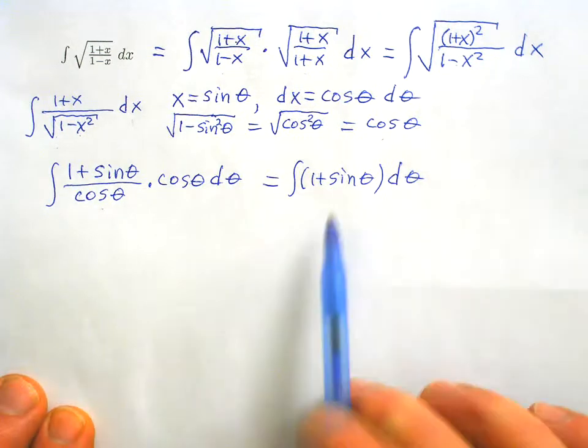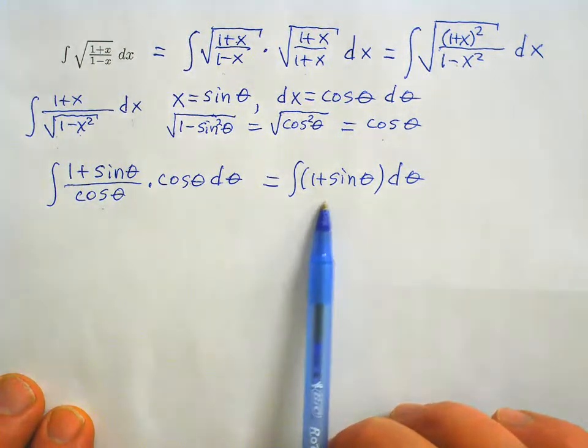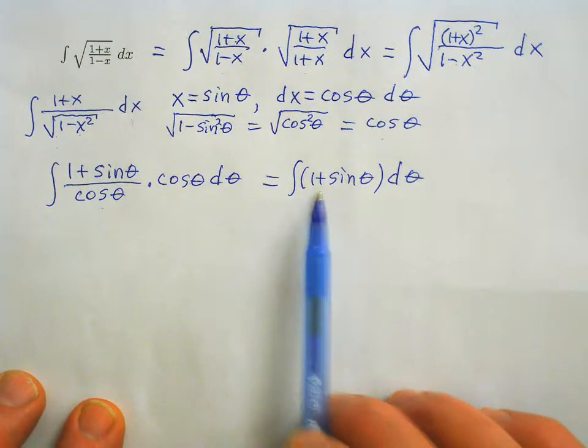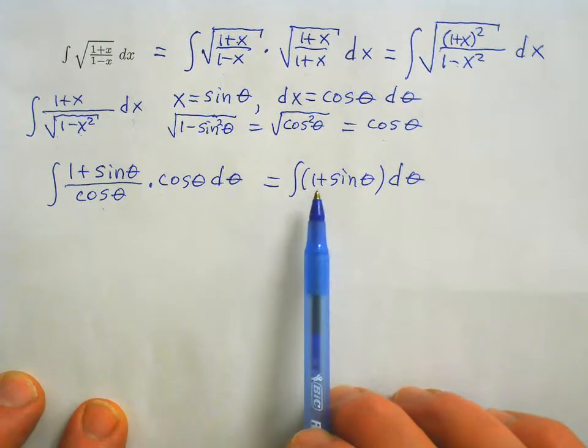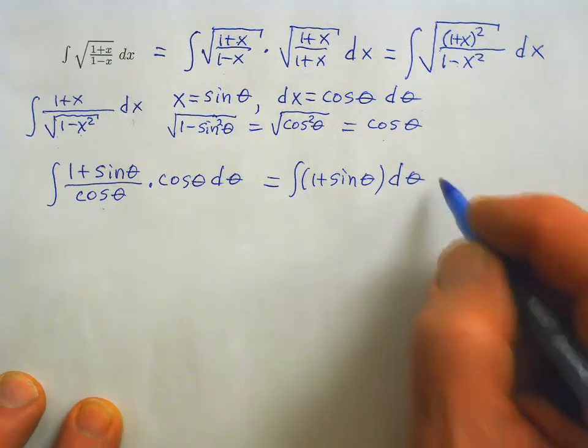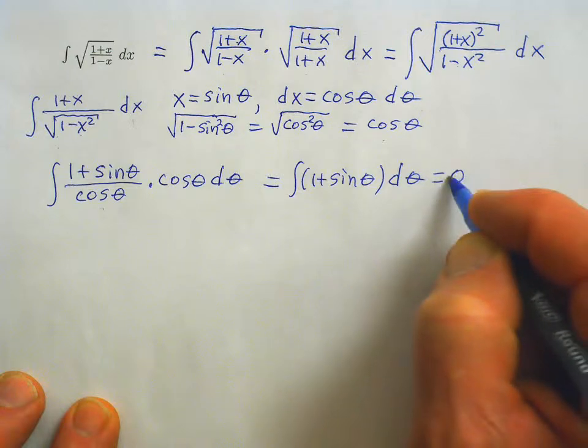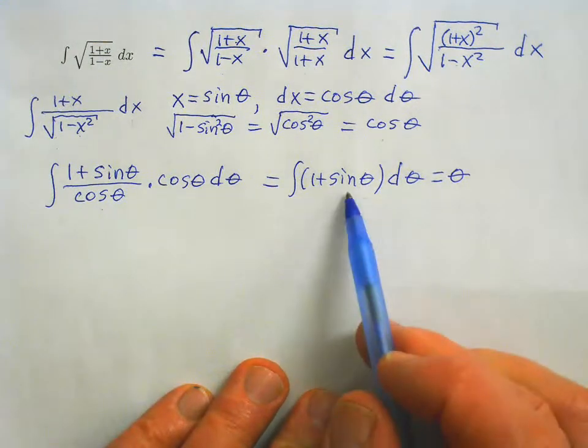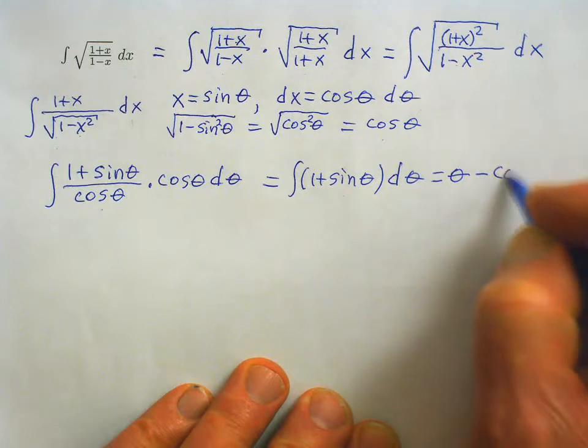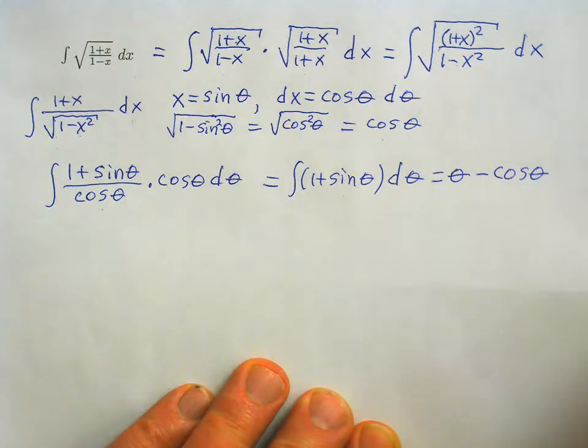So we can easily find the antiderivatives. The antiderivative of 1 with respect to theta is theta. The antiderivative of sine of theta with respect to theta is negative cosine theta. And then plus a constant.